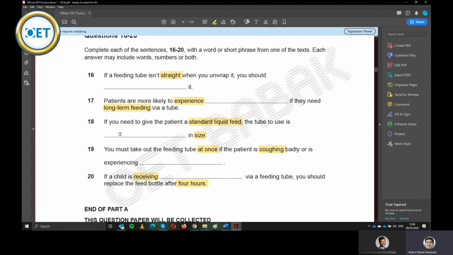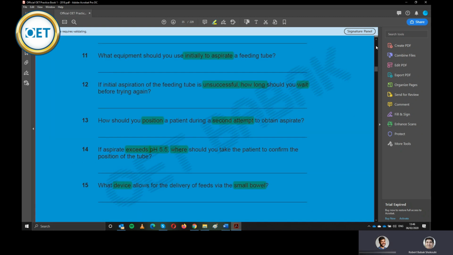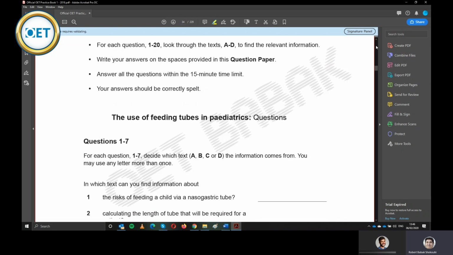And here, experiencing breathlessness, and we don't know that. But that one also was 6, but we need to say is it finer or smaller or what word we should use, because the word needs to be in the text.